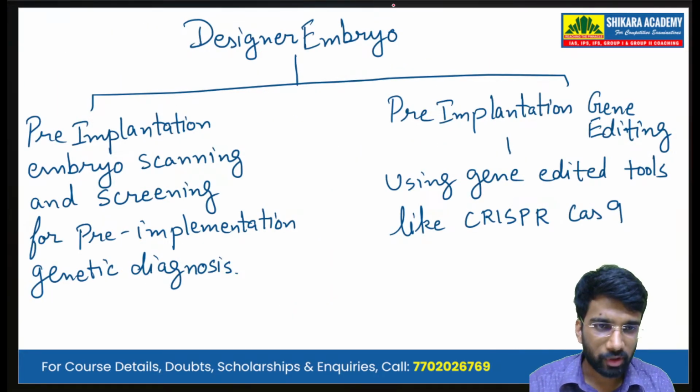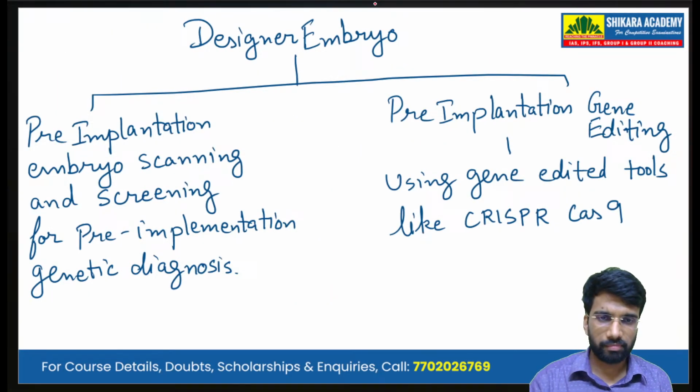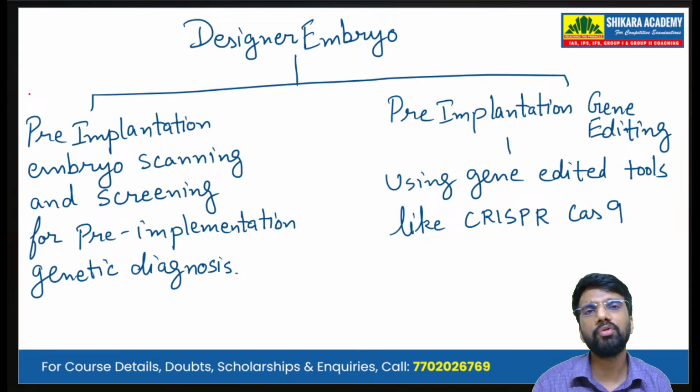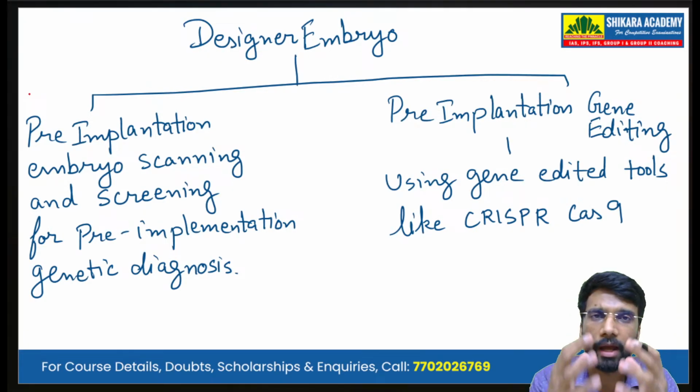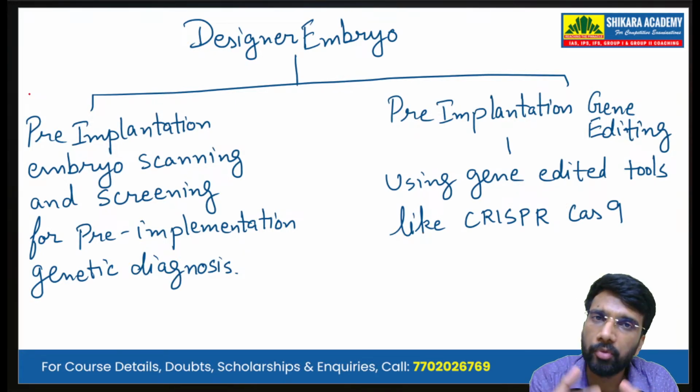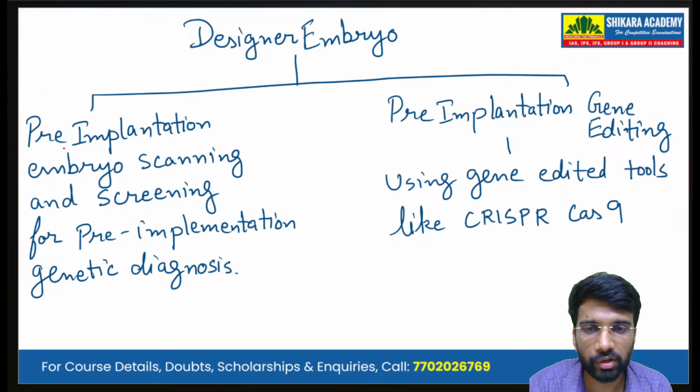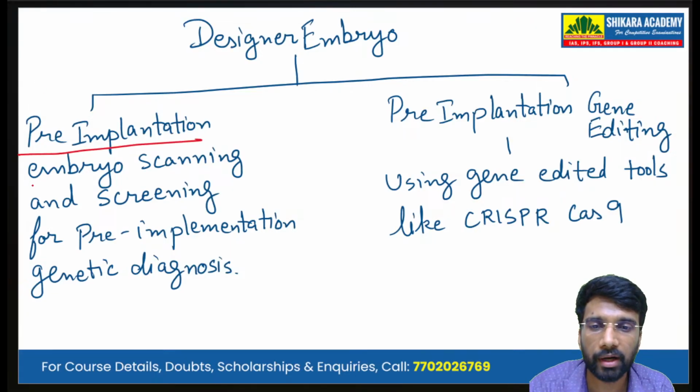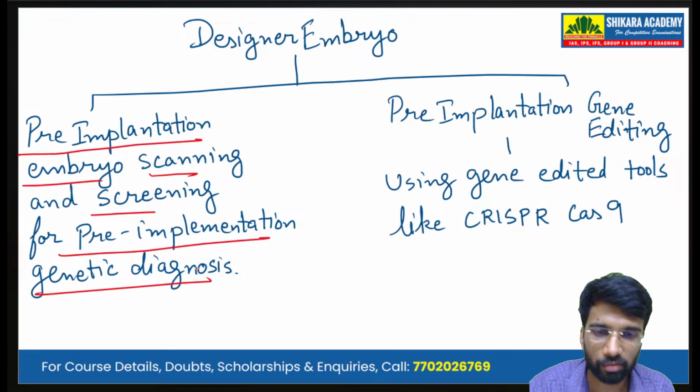The designer embryo or designer baby technology involves two things. Firstly, we have to see whether a particular embryo is having any harmful mutations. So we run pre-implantation embryo scanning and screening for pre-implantation genetic diagnosis.